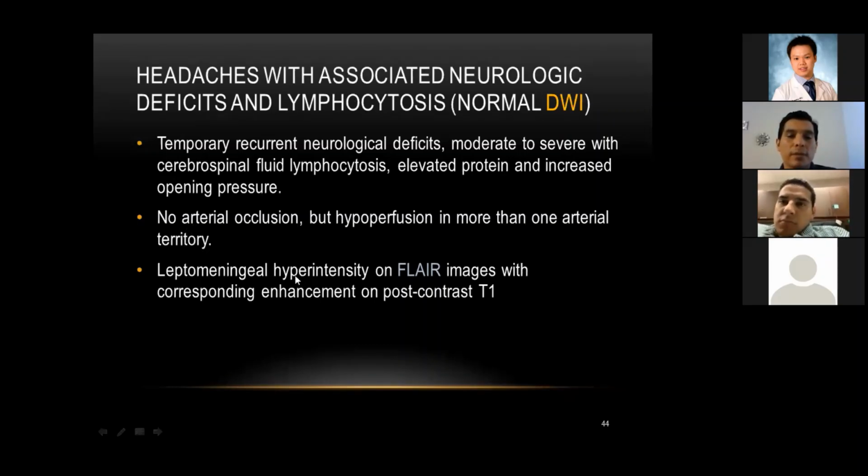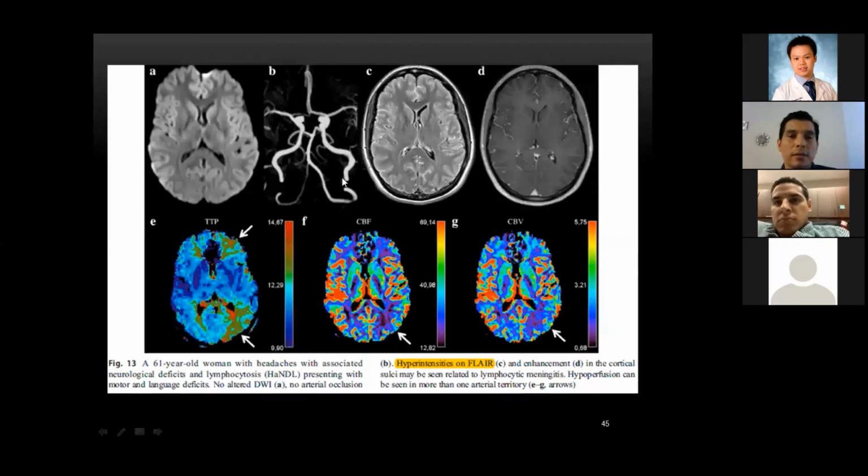So the compromised territory is more than one area, with hyperintensity in FLAIR and some hyperintensity in arteries on FLAIR. That is something characteristic in this case.